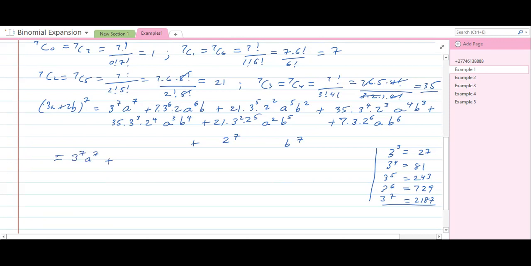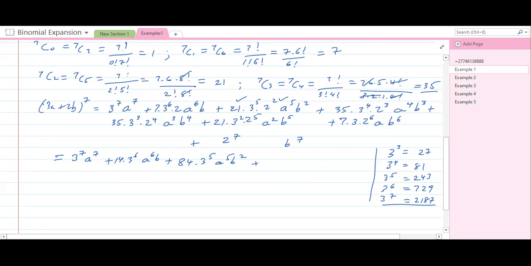So I'll just write 14 times 3 to the power 6 a to the power 6 b plus 21 and 4. We can get 21 times 4, which is 84 times 3 to the power 5 a to the power 5 b squared plus 35 times 8.